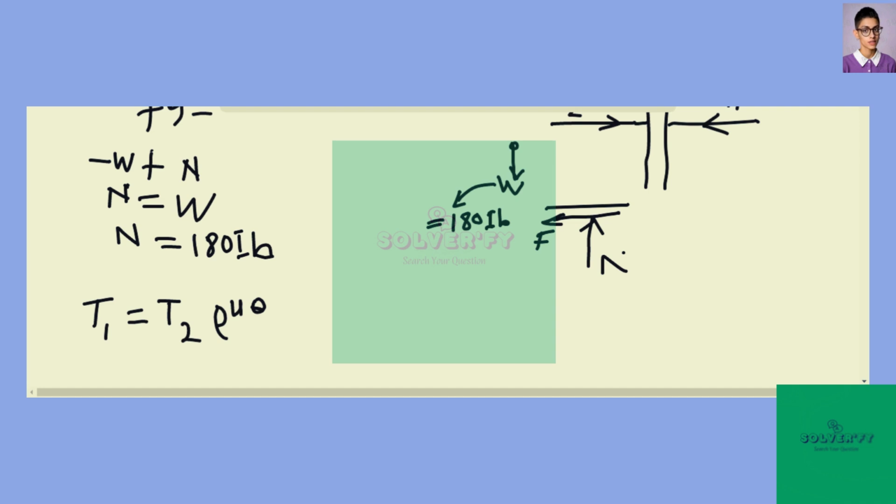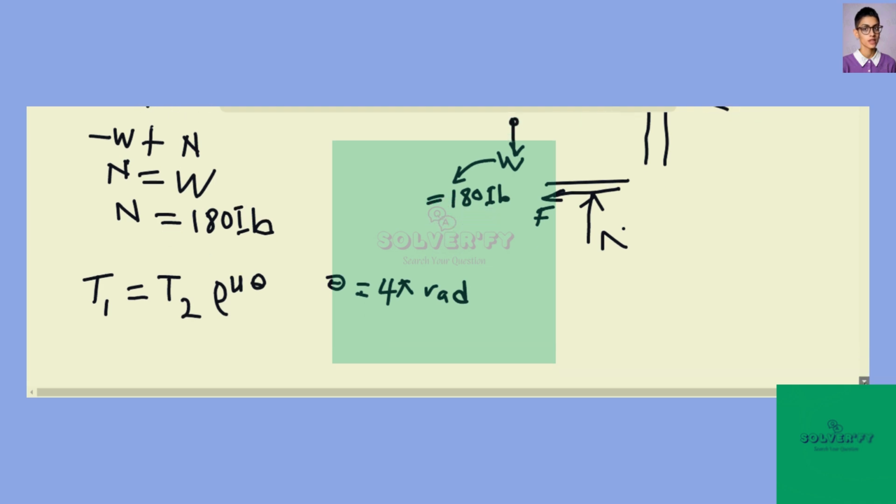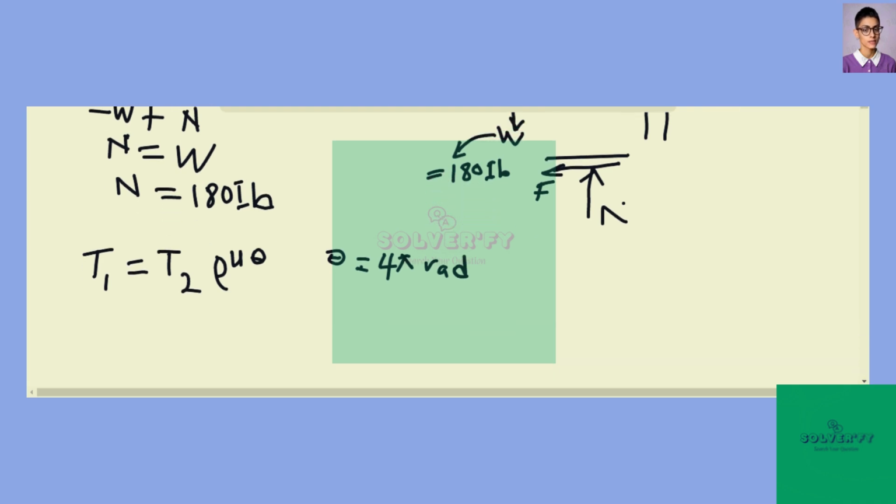Since the rope wraps two turns, theta gives us 4 pi rad. We know that 180 degrees gives us pi rad, and a full circle, 360 degrees, gives us 2 pi rad.